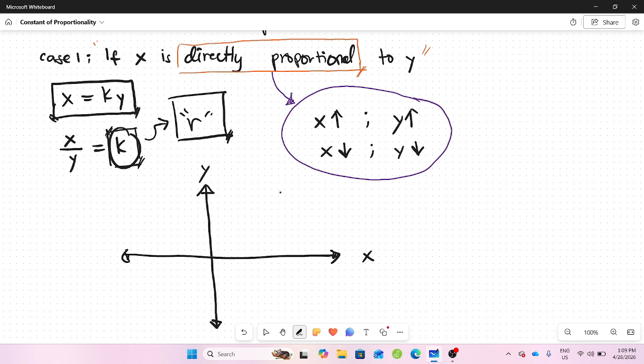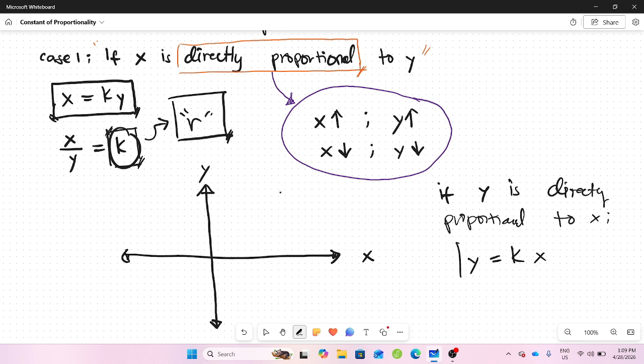Let me create another formula here, and I will simply reverse the variables. If y is directly proportional to x, then I would write that y is the constant of proportionality times x.